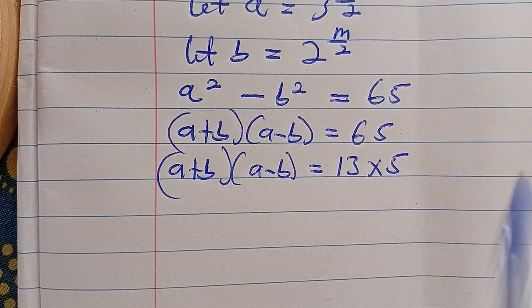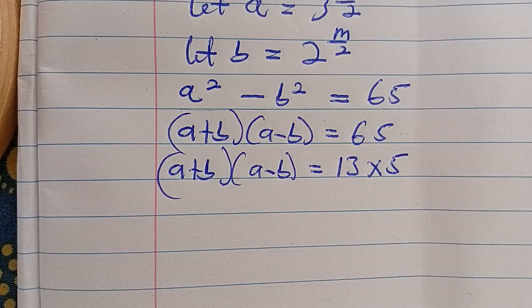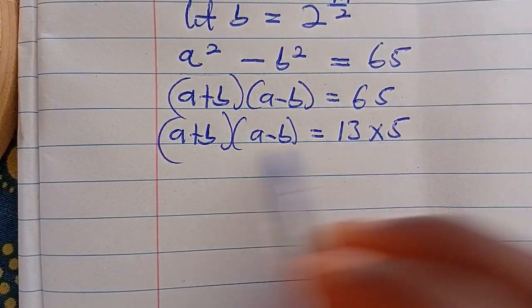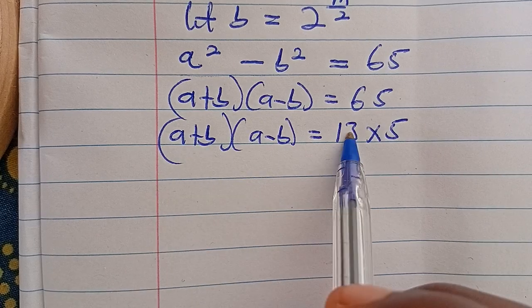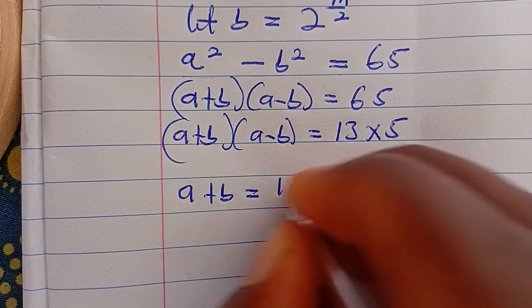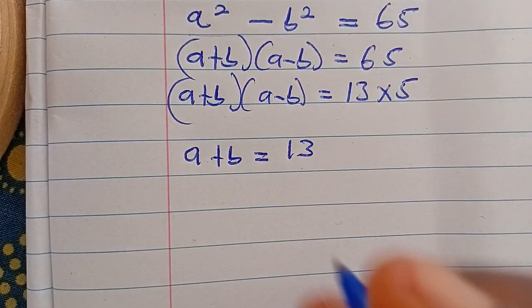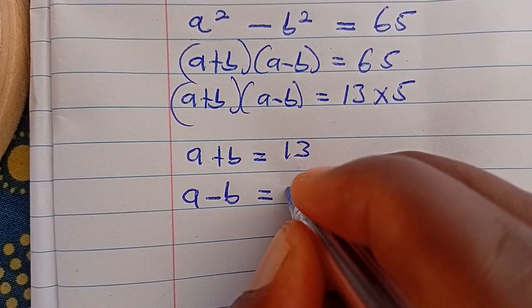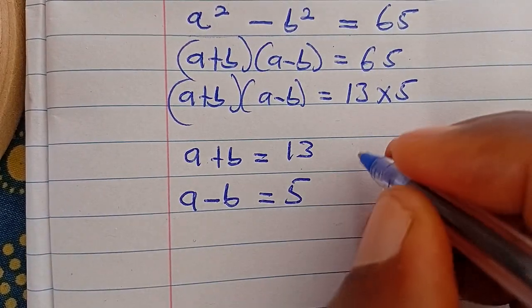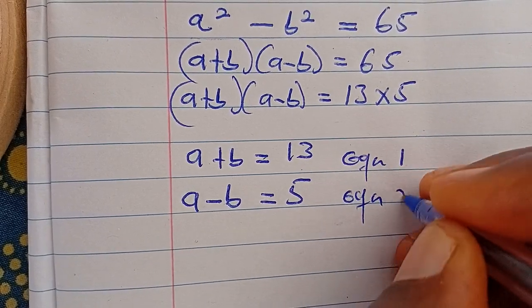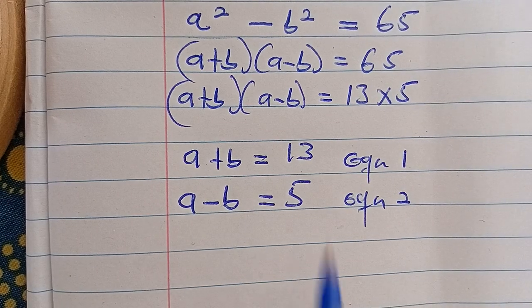So I'm just going to use this case, since it's going to make solving our equation very easy. When we compare the two sides of the equation, we can say a plus b is equal to 13, and a minus b is equal to 5. Let's call this equation 1 and this equation 2.